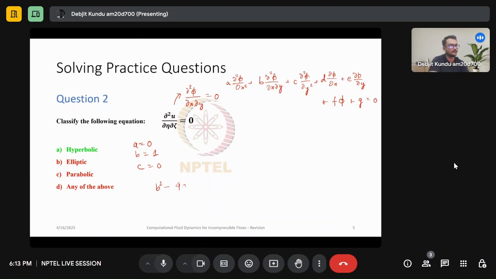We find out what the value of B squared minus 4AC is. So it's simply 1 squared minus 4 into 0 into 0 being 1, which is obviously greater than 0, meaning it is hyperbolic.